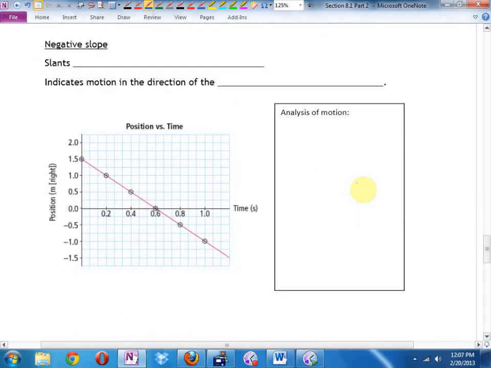Okay. Negative slope slants down. Indicates motion in the direction of the, well, if we wanted to get fancy, we would say negative y-axis.